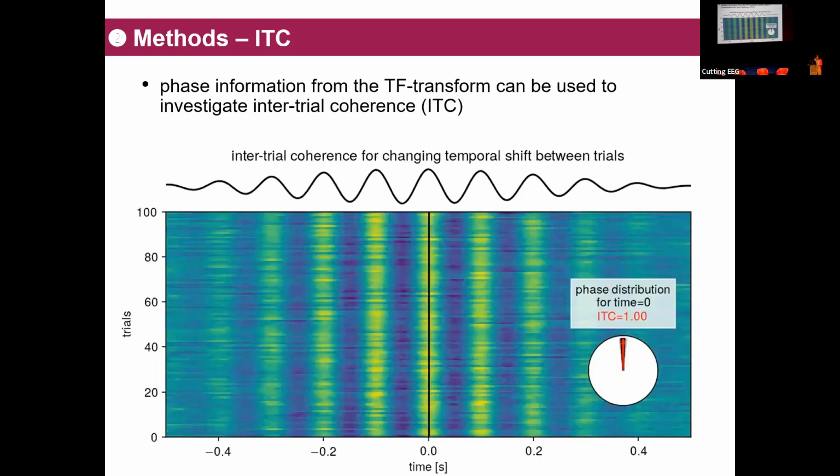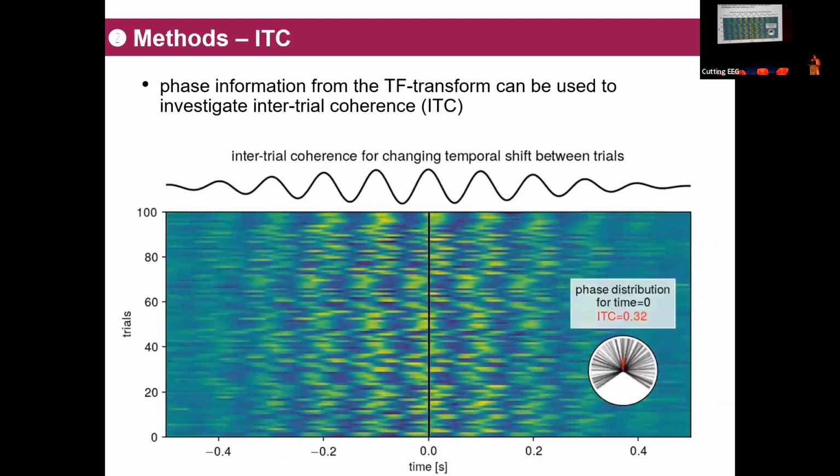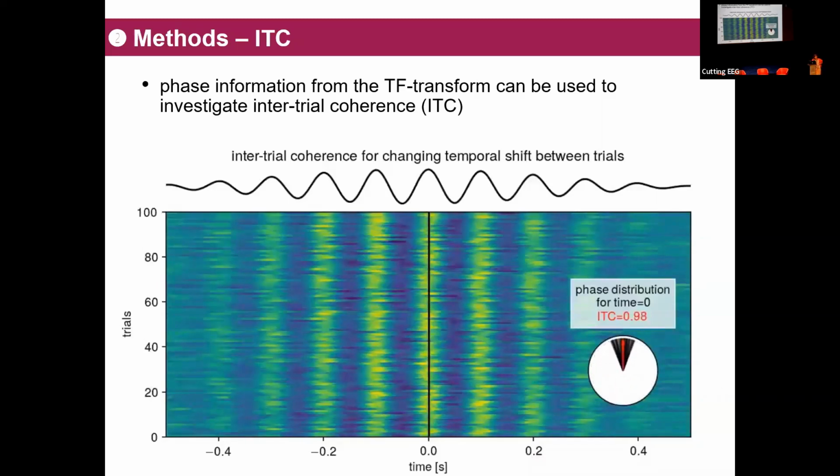Okay, now we can change the alignment of the trials. And as we change the alignment, each trial has a different phase in time at this specific time point. And what we do then to get the intertrial coherence is we add up these different phases together.